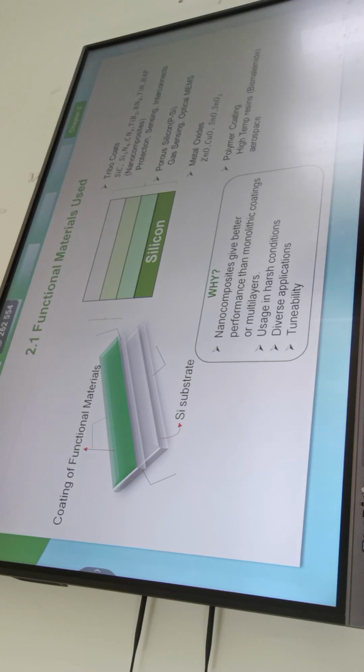The materials I have worked on are nanocomposite coatings, porous silicon, metal oxides, and polymer coatings. I have taken nanocomposites because they give better performance than monolithic coatings, they are used in harsh conditions, and they offer diverse applications and tunability.